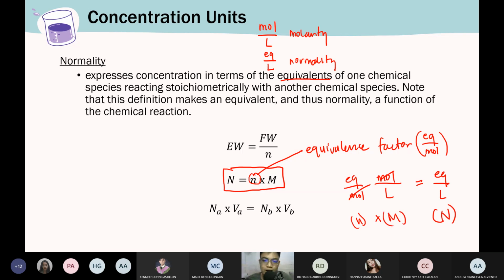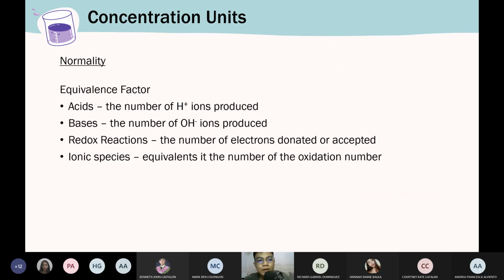So ngayon, ano meaning ng equivalence factor? Okay? What is an equivalence factor? So it depends, no? Depending siya sa chemical na meron ka. So the equivalence factor can be either of these four, no? So if you have an acid, it is about the number of hydronium ions produced.